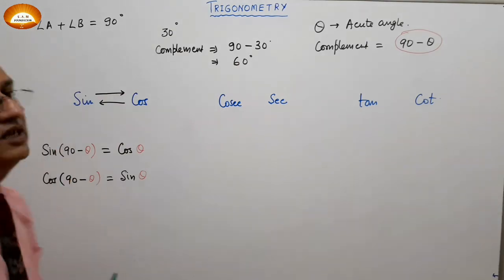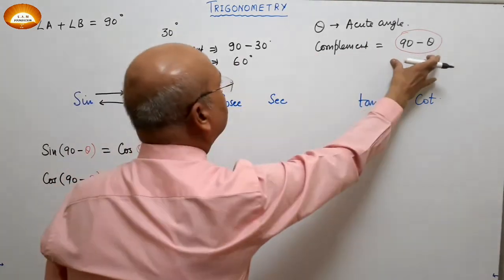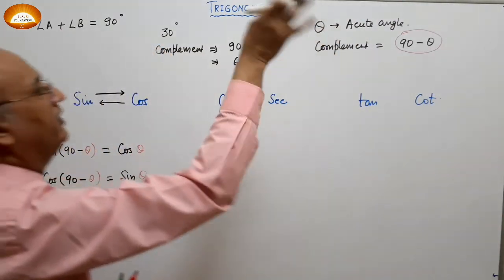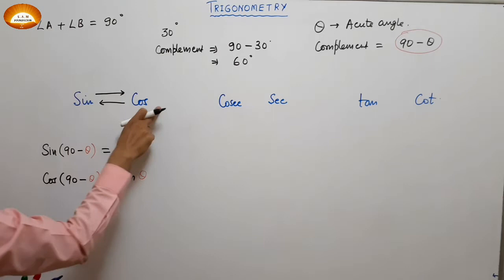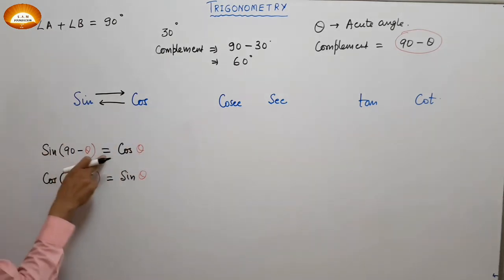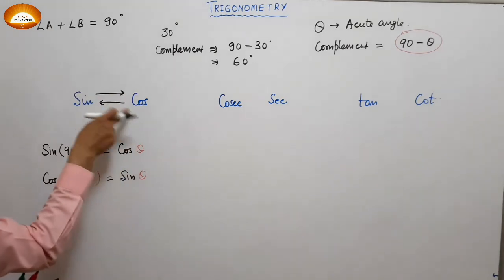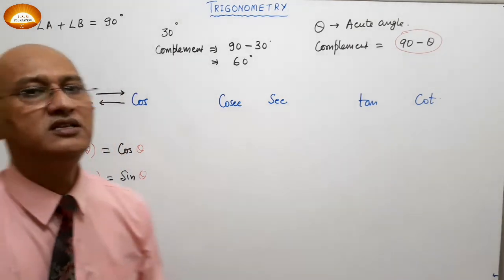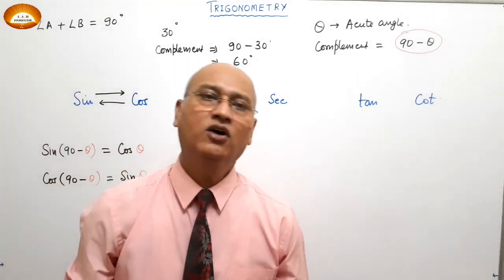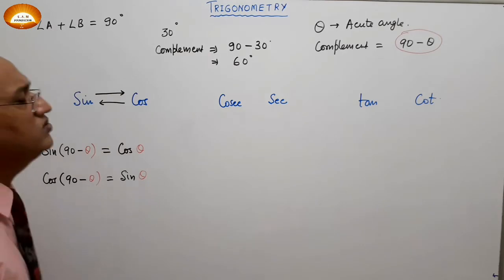See what these two arrows indicate. When 90 minus theta, the complement of an angle, is associated to the sine ratio, sine will change into cos. See, sine of 90 minus theta equals cos theta. And when it is related to cos, it will change into sine. These both arrows indicate how they are going to change. Sine changes to cos and cos changes to sine.